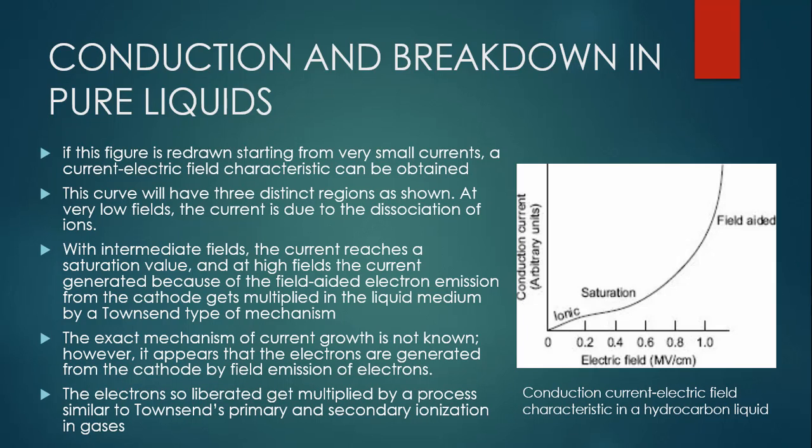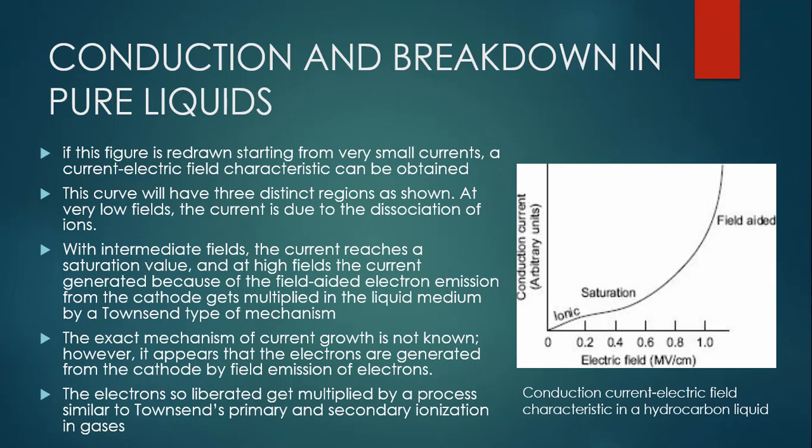The exact mechanism of the current growth is not known. However, it appears that the electrons are generated from the cathode by field emission of electrons. The electrons so liberated can be multiplied by a process similar to Townsend's primary and secondary ionization in gases.